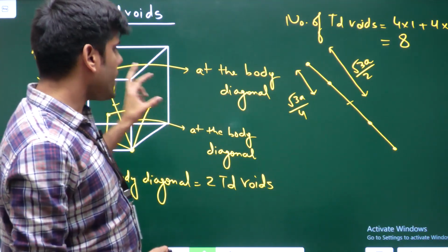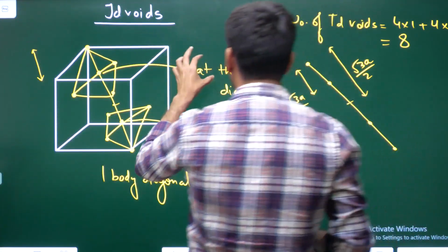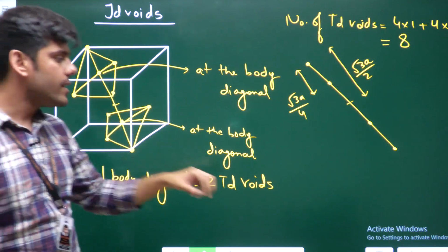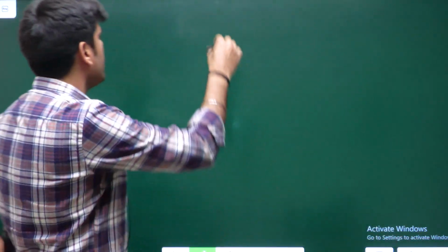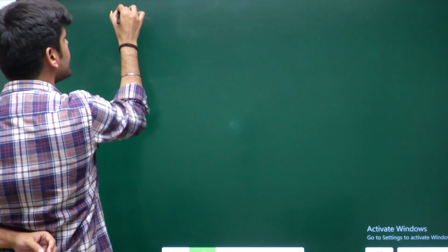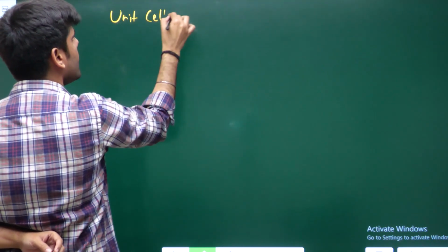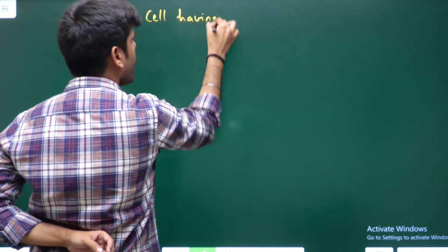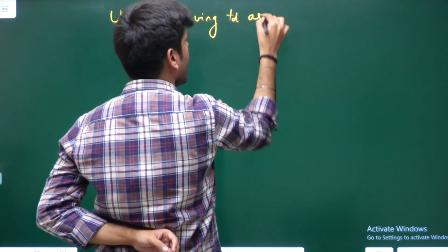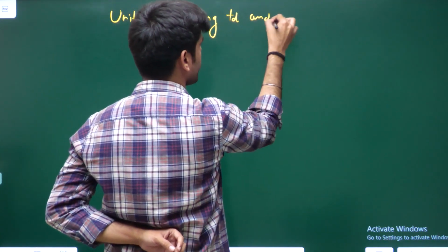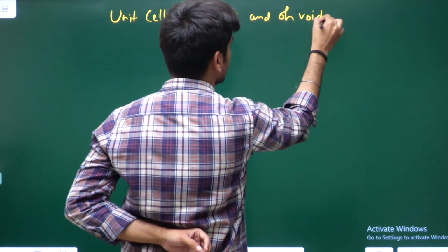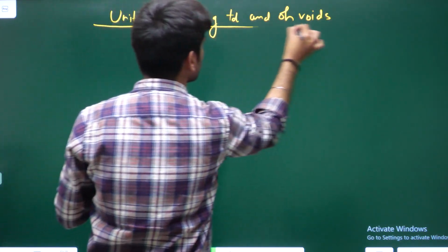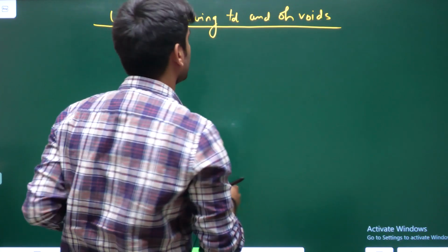Now, these are the tetrahedral voids. Now I come to a conclusion that for a unit cell having both kinds of voids, tetrahedral and octahedral, this formula is only valid for those unit cells which have both kinds of voids.